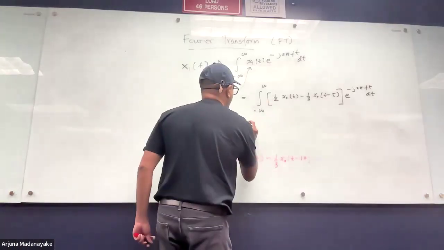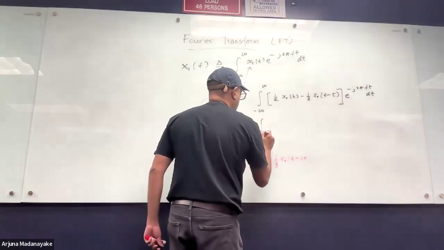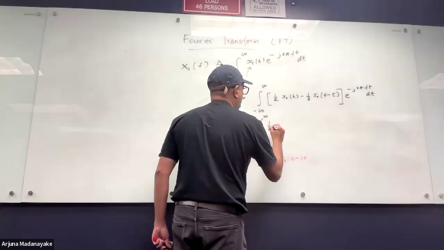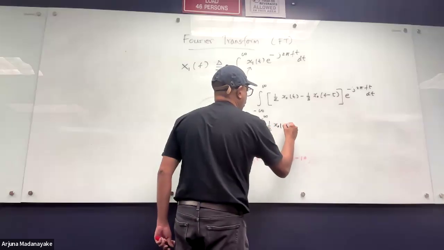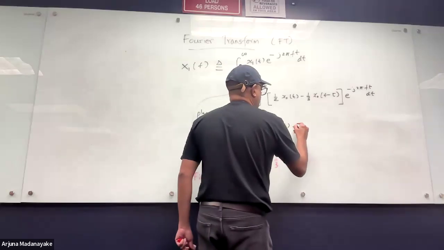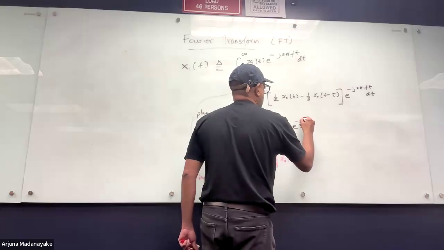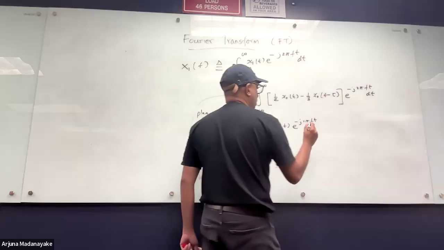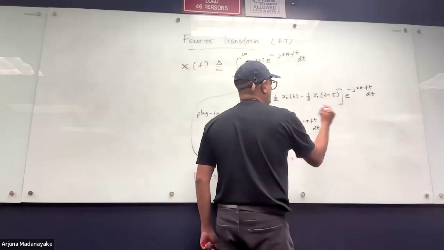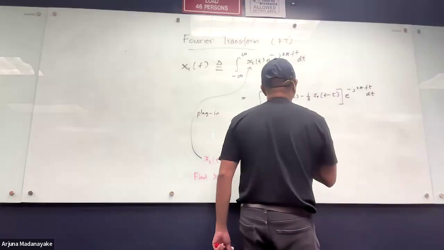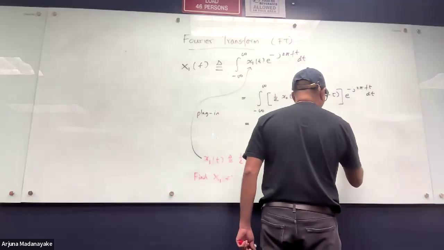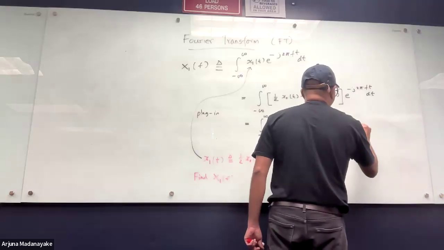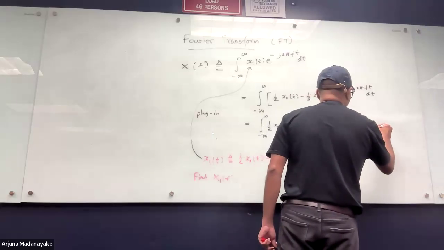So I can simplify. Half x0 of t e to the minus j 2 pi f t dt, I'm simplifying, minus the integral of 1/3 x0 of t minus tau.